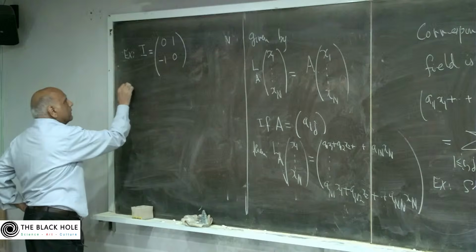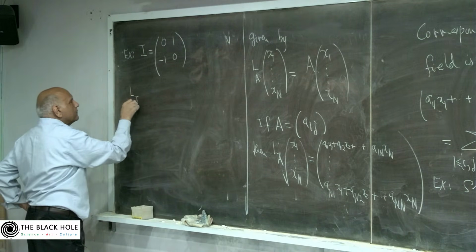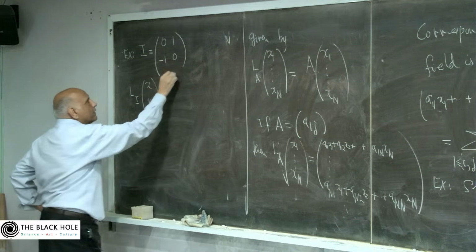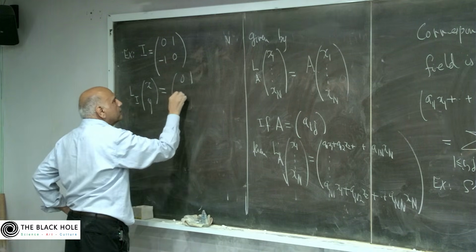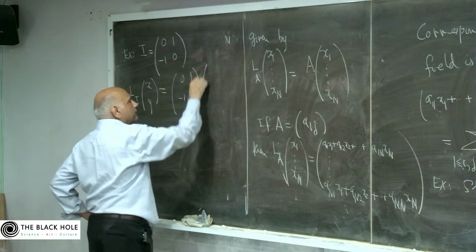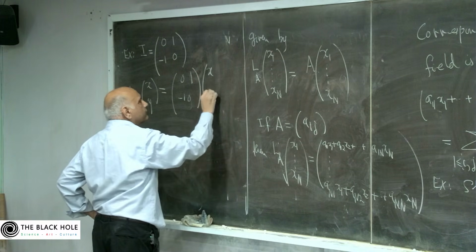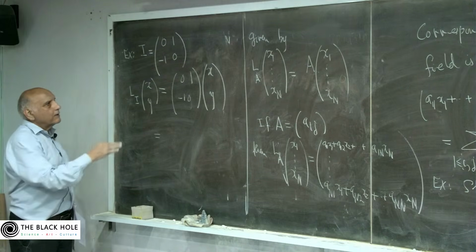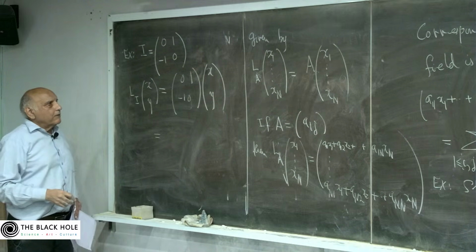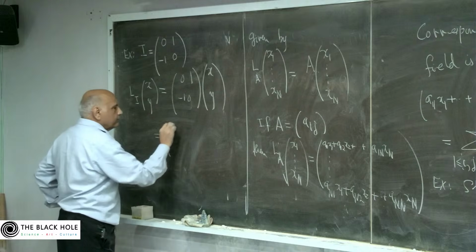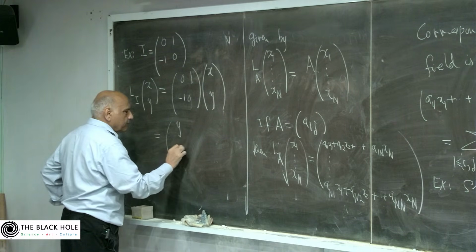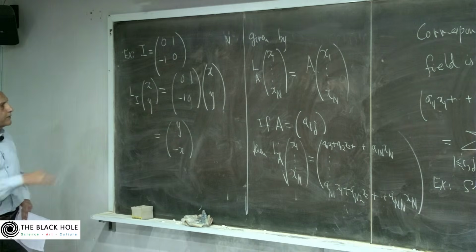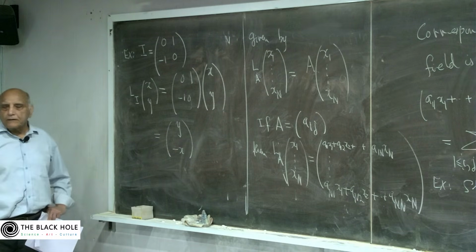L_I of xy is equal to (0, 1; minus 1, 0) times xy, which gives y, minus x. And what is the vector field defined by this function?